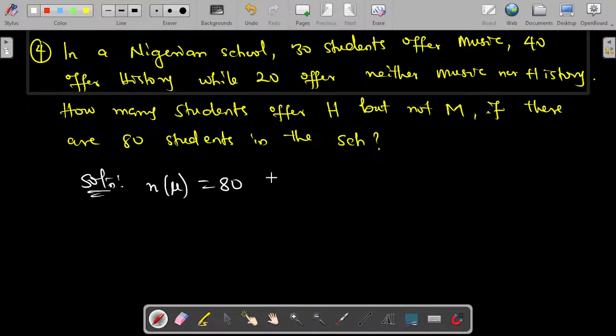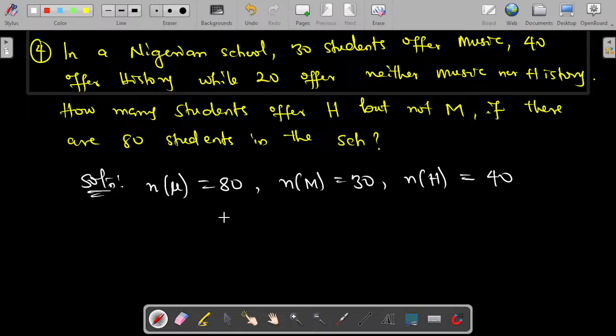Then they said the number of students that offer music is 30. And the number of students that do history, n of history, the cardinality of history, is 40. And then they said 20 of them offer neither history nor music.